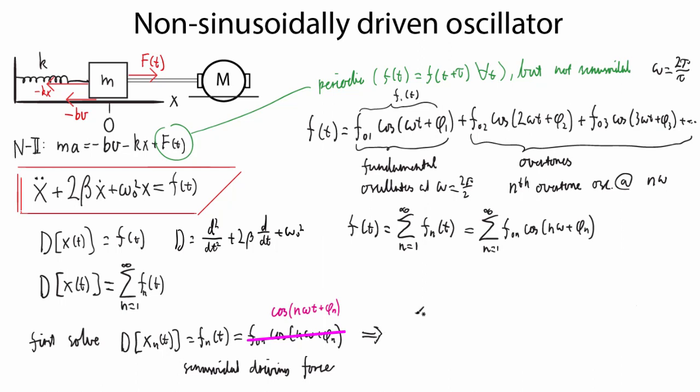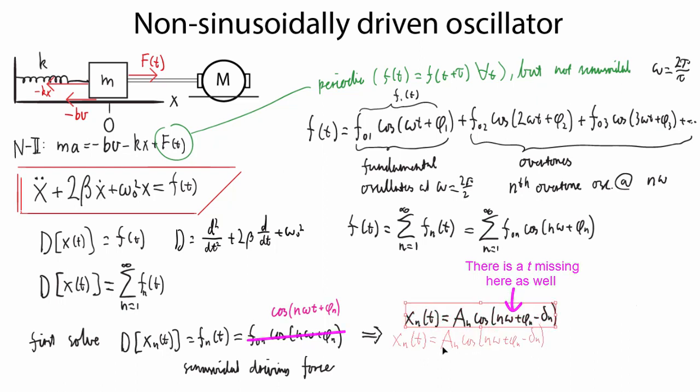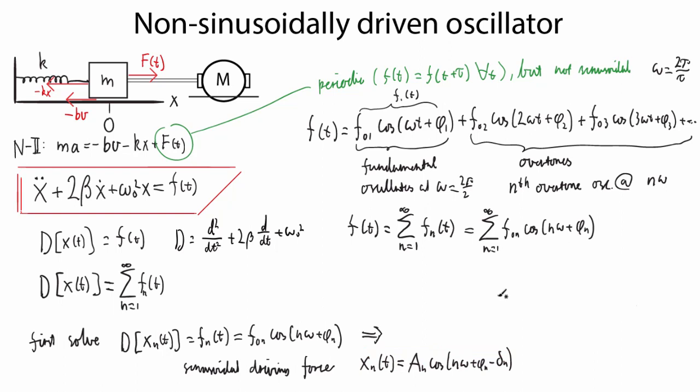So that means that we can say that x_n of t is A_n cosine of n omega t plus phi_n minus delta_n. I'm going to have to move this in order to have space for everything. Where A sub n, and I'm going to write this as a square.